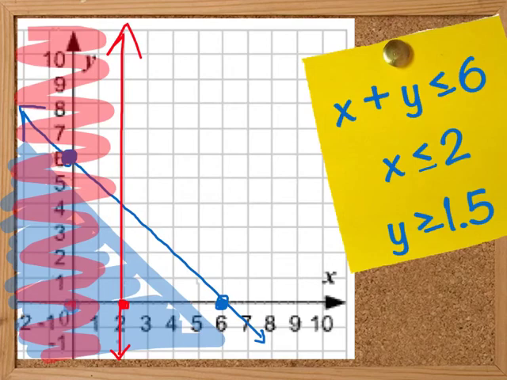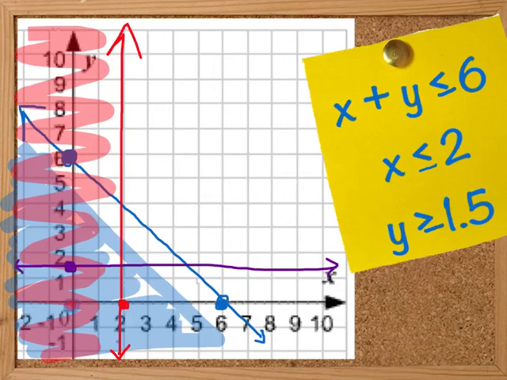And now our last and final line. Y is greater than or equal to 1.5. So 1.5 is about here. Just like with regular ones, a y equals graph is going to be horizontal. It's or equal to, so it'll be a solid line.